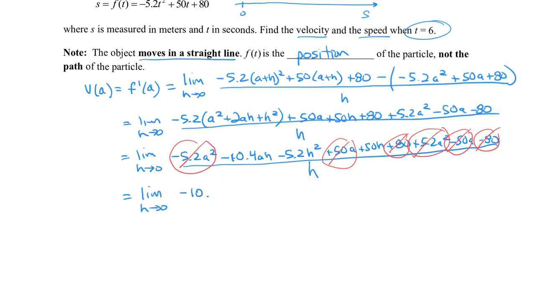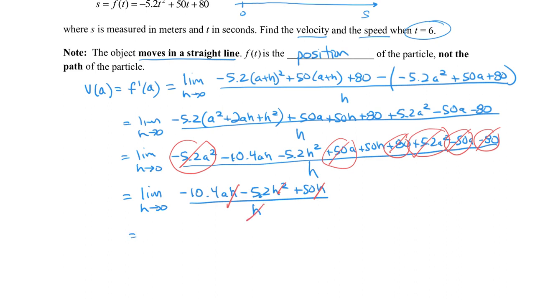So we've got negative 10.4ah minus 5.2 h squared plus 50h, all over h. And now we've got 1, 2, 3, 4 terms. They all have a factor of h, so we can cancel that h out. So that becomes h to the 1, that goes, that goes.